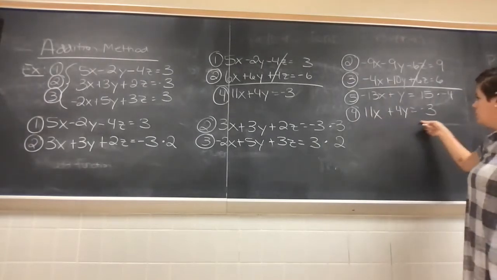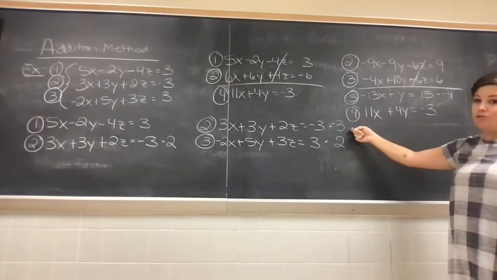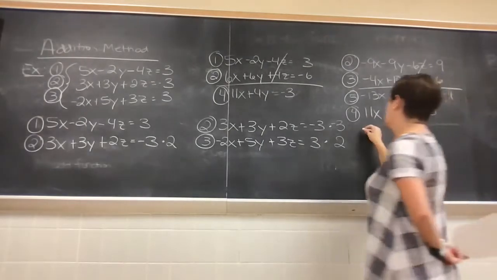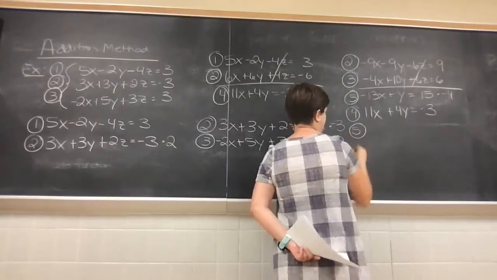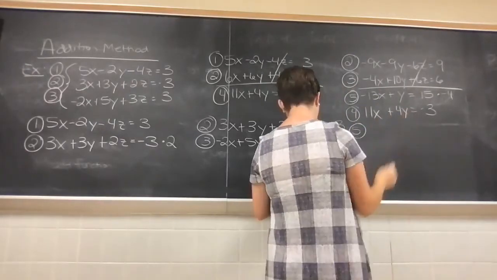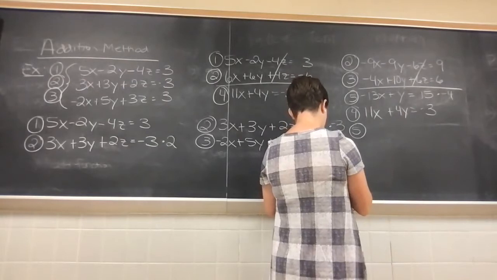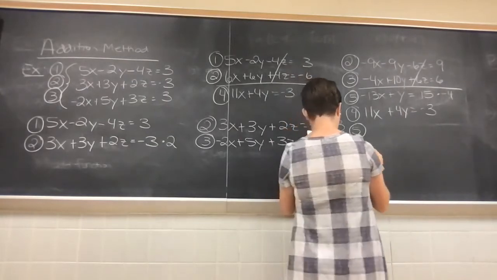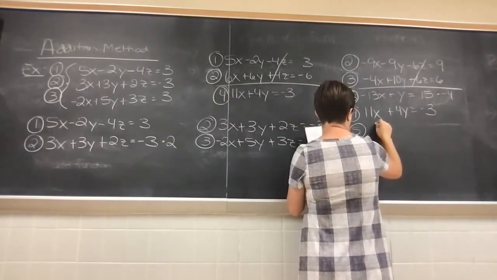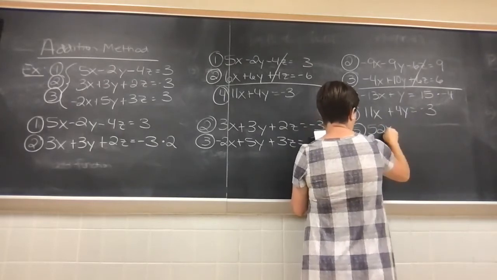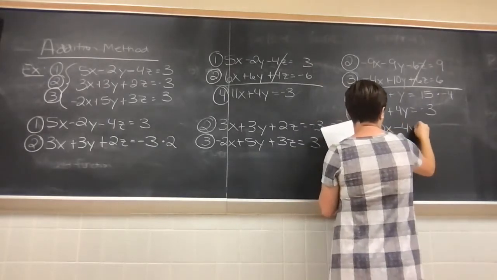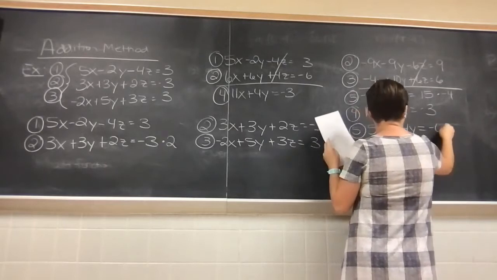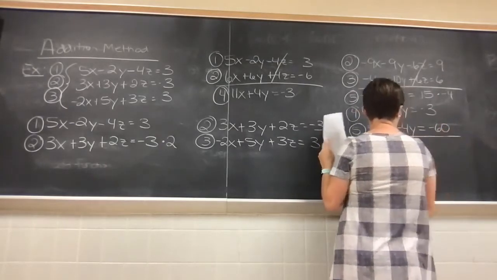So instead of writing equation 4 again, I'm just going to write equation 5 altered underneath it. So I have equation 5 where I'm multiplying everything in it by the negative 4. And that's going to give me 52x minus 4y equals a minus 60.